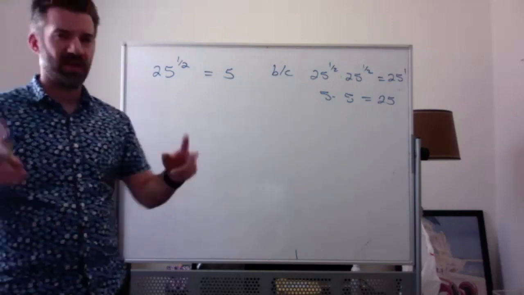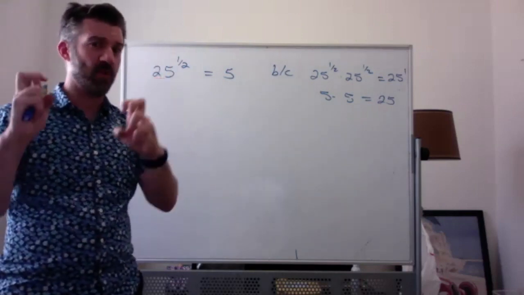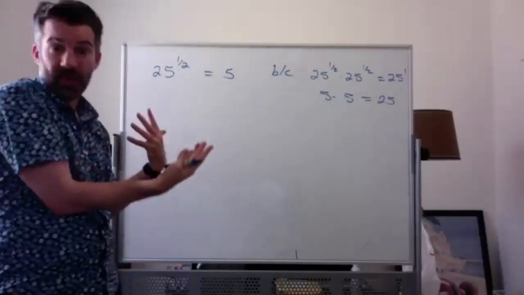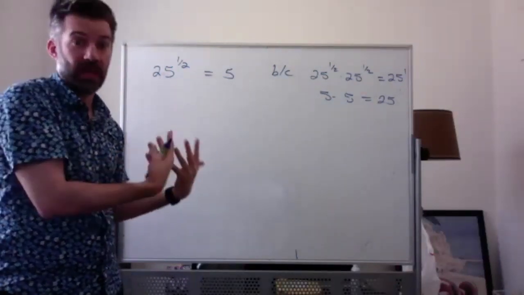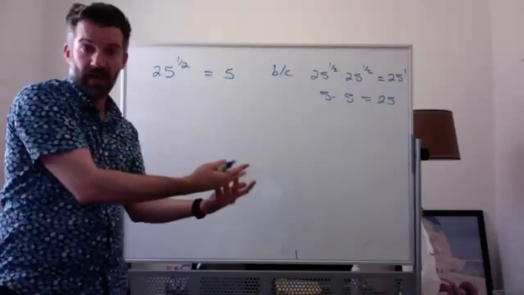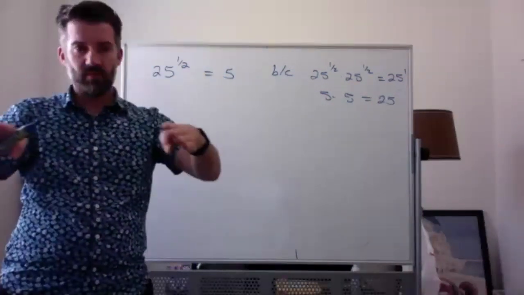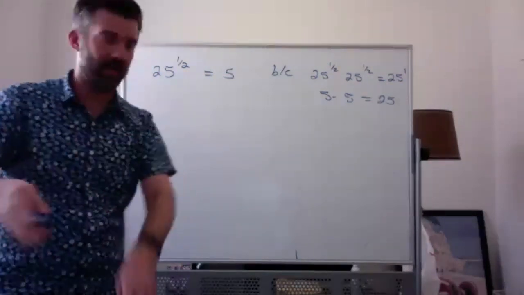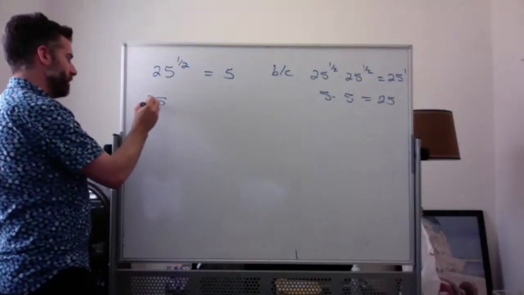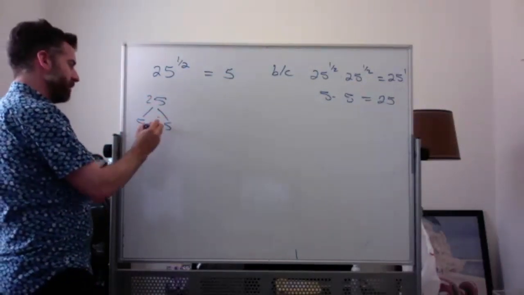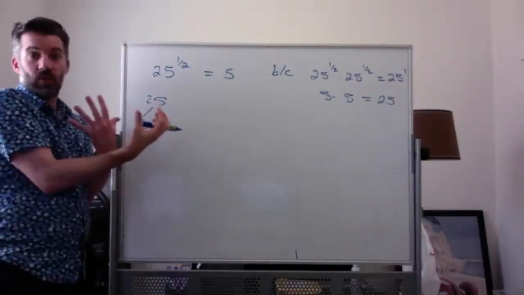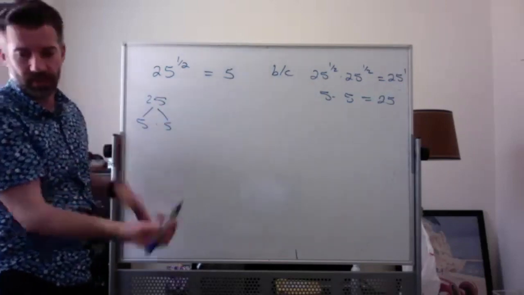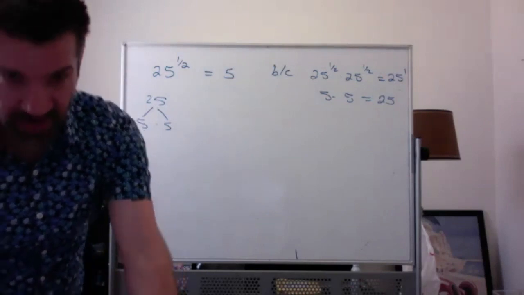I'm thinking of half multiplicatively, meaning I'm cutting this in half by division. 25 divided by 5 gives you 5 back. You've cut it into 2 factors, a half of it here and a half of it there. 25 is 5 times 5. Each factor is equal, so you've cut it into 2 equal factors. That's a decent way of saying it, maybe.